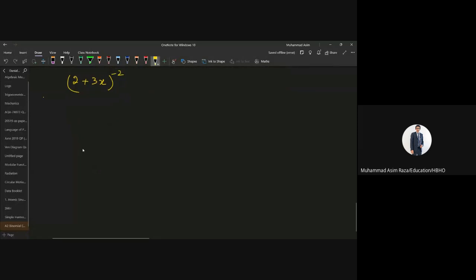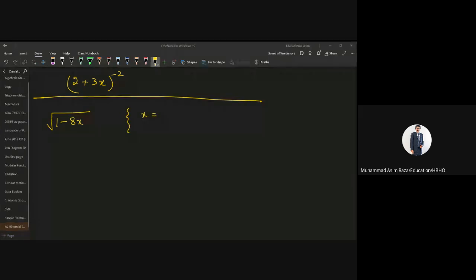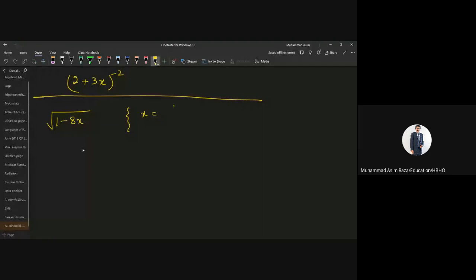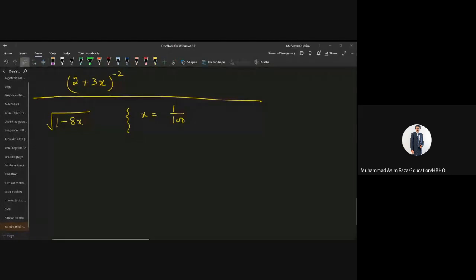It is like this: 1 minus 8x square root, and we have to find the exact value when x is equal to 1 over 100. So just wait a second, let me just confirm one thing.